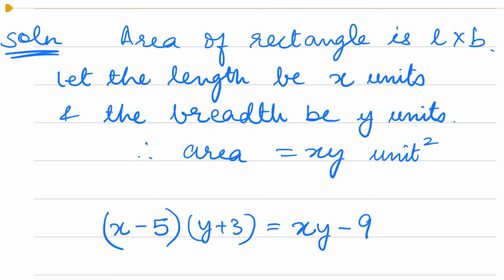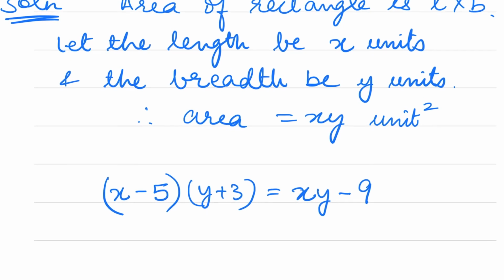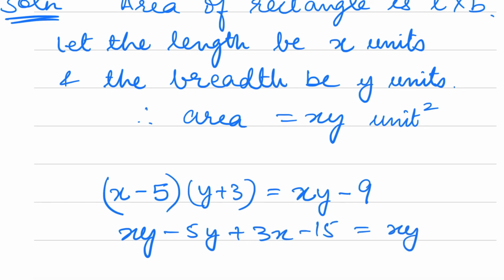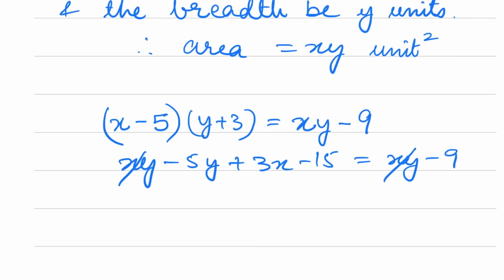So here length is reduced by 5 and breadth is increased by 3 units. So area gets reduced by 9 units. Okay, let's solve this. So we have xy minus 5y plus 3x minus 15 is equal to xy minus 9. xy gets cancelled, so we have minus 5y plus 3x is equal to minus 9 plus 15, so plus 6.